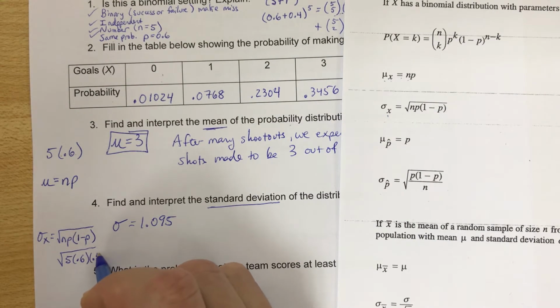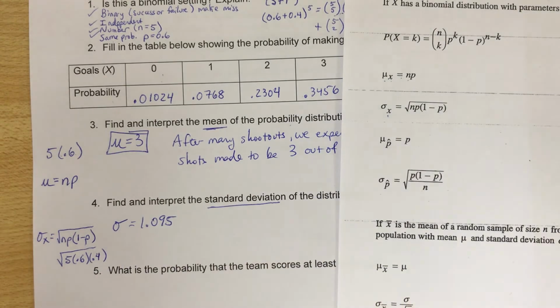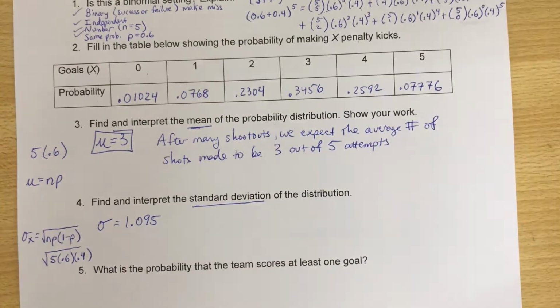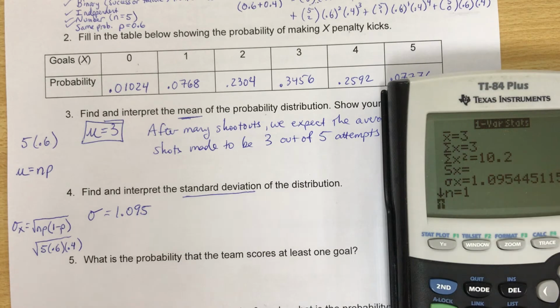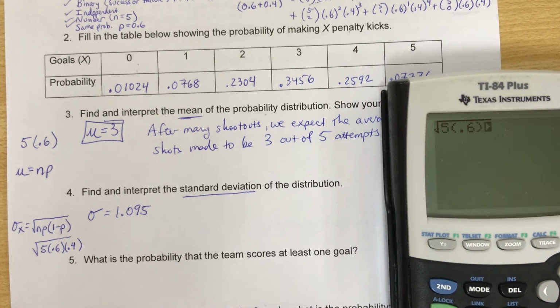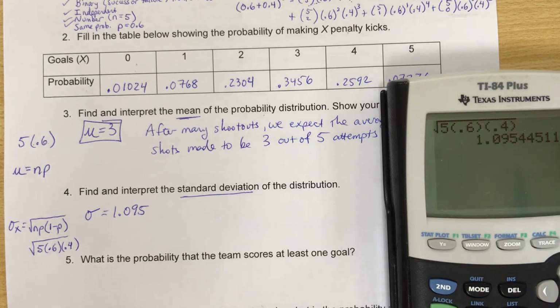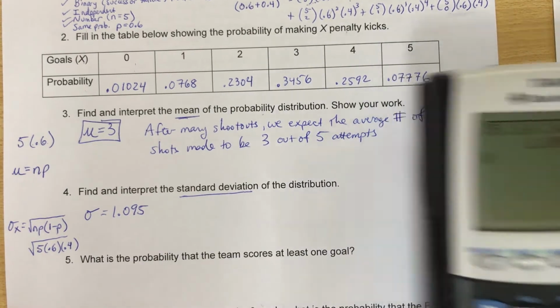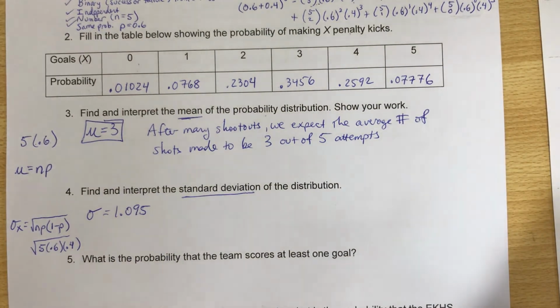The probability of failure is 1 minus that, which is 0.4. And let's see if this works. If I take the square root of 5 times 0.6 times 0.4, there it is, 1.09544. Okay, so 1.095 is a good answer.